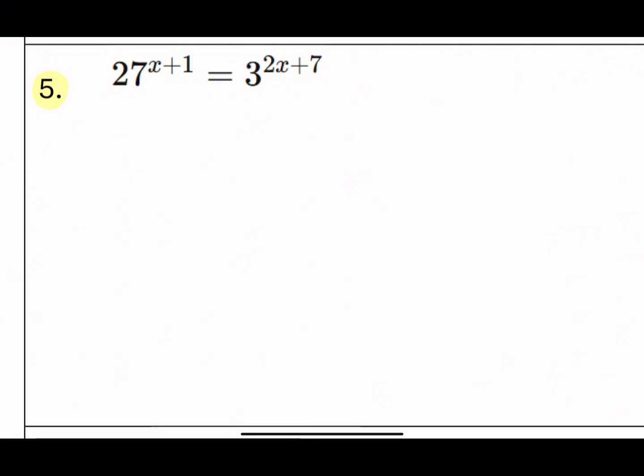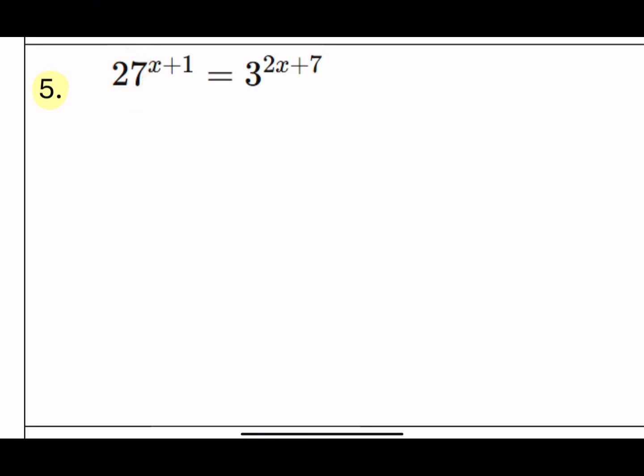As you can see here, this is different from the first two examples because we're not multiplying something on the left side or on the right side. However, the bases on the left and right sides are different. This is 27 and this is 3. I know that I can turn 27 into a base of 3.